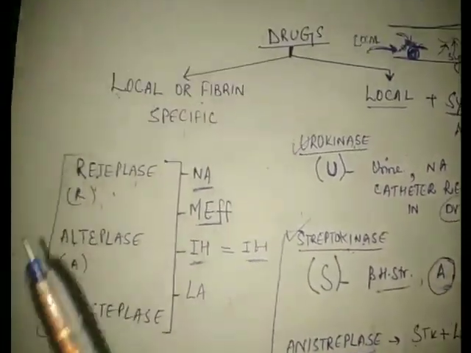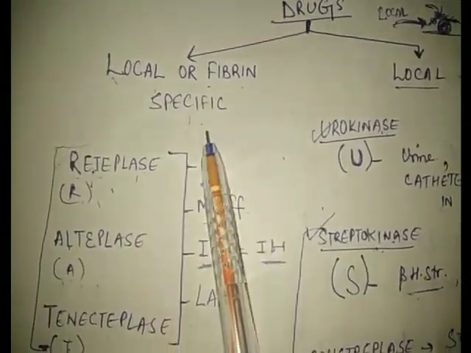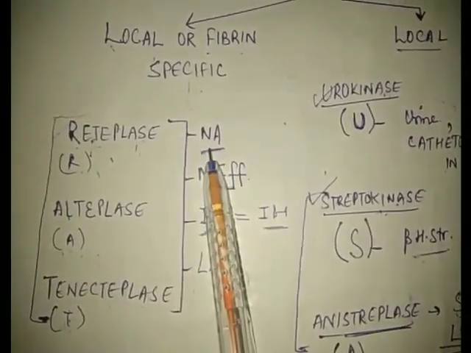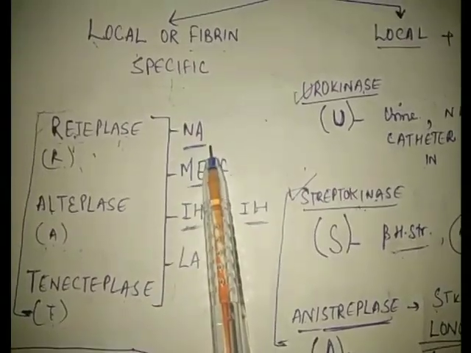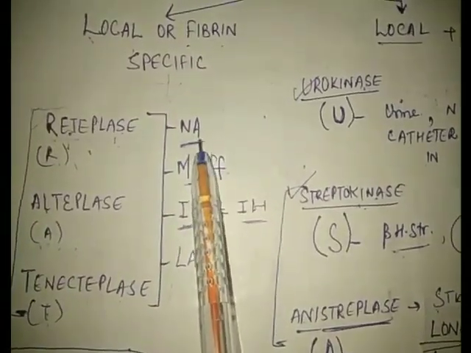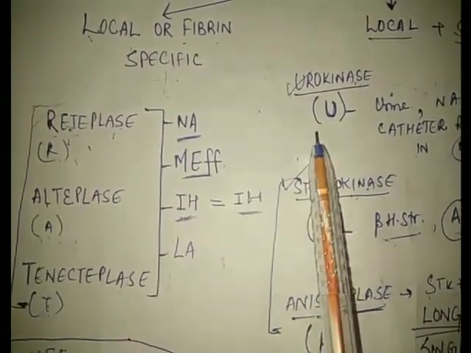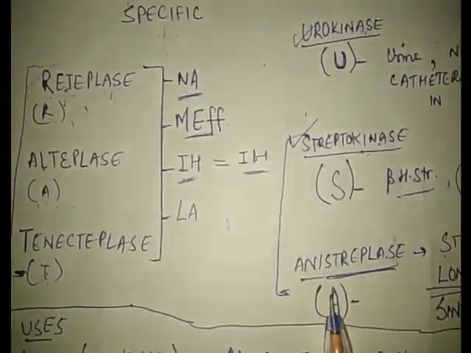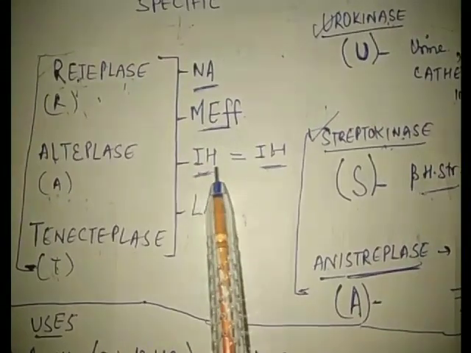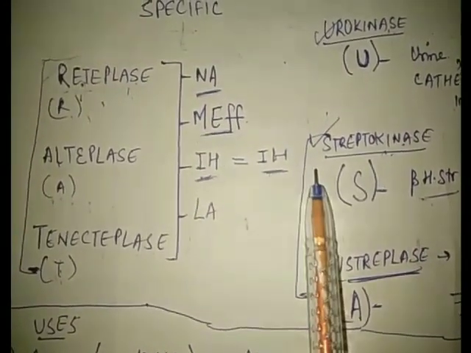Okay, now the fibrin specific drugs are non-antigenic, so there is no risk of allergic reaction with this group of drugs, and these are more efficacious as compared to the USA group of drugs. However, the incidence of hemorrhage is almost similar with both the groups.